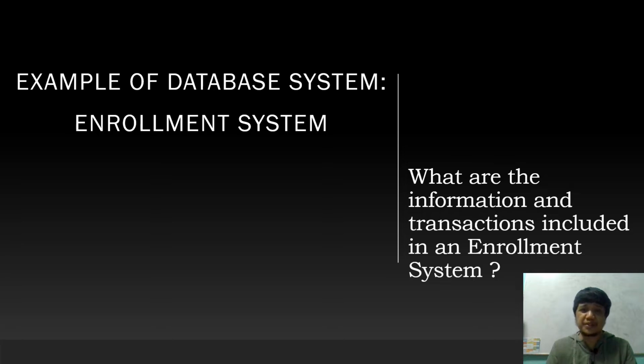So the question there is, what are the information and transactions included in an enrollment system? I know that you already know all of those things because you have experienced it. If you can name one or two, you can just comment it down below, and I will read it later.